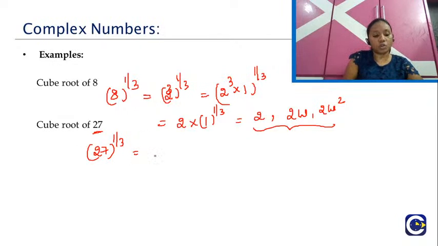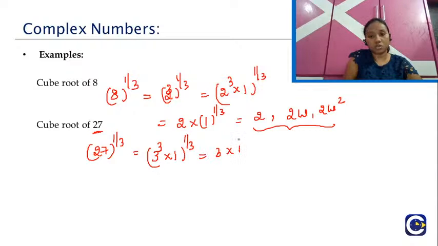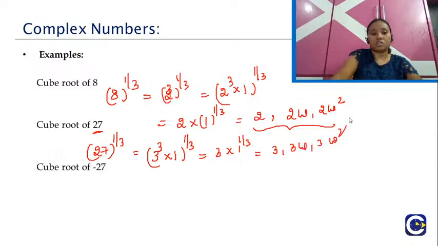So 27 whole power 1 by 3 can be written as 3 cube into 1 whole power 1 by 3. So this will become 3 into 1 power 1 by 3, which is nothing but 3, 3 omega and 3 omega square. Similarly, if I have minus 27, that will come only when we have minus 3, because here we are talking about cube root.